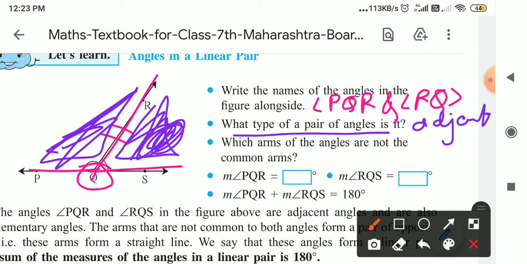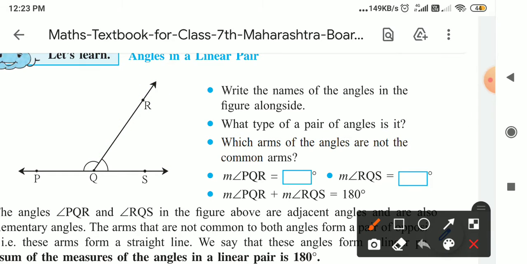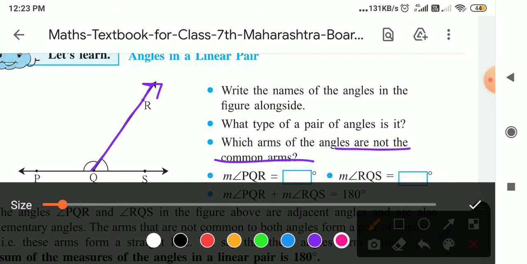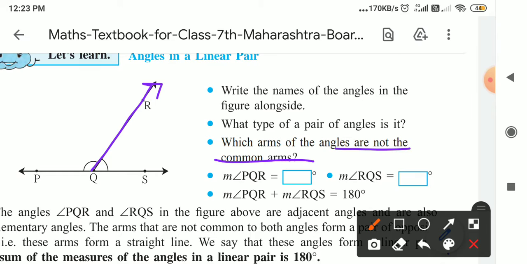Okay, the next question is which arms of the angles are not the common arm? The common arm I told you is QR. So which are not common arms? An angle has two arms. From these two, one is common for both the angles PQR and RQS.